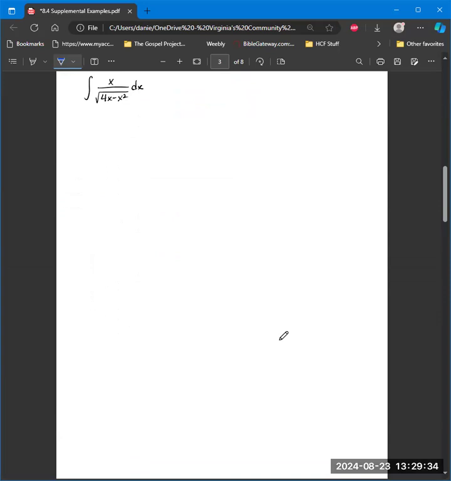All right, this one is like 8.4, number 33 from the textbook. Integral of x square root of 4x minus x squared dx. Let's go ahead and complete the square before we decide what form this is in. x dx, square root of, and then we're going to have a negative x squared minus 4x.